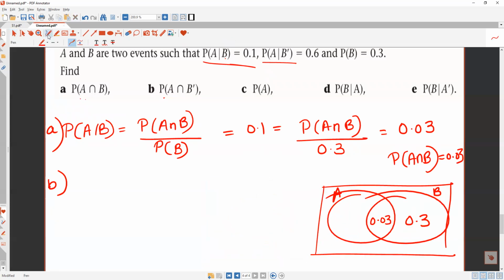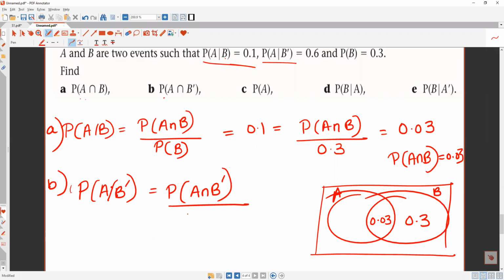So let's see what was given to me over here. P(A given B complement) is equal to P(A intersection B complement) divided by P(B complement), because they want A intersection B complement from me na. ঠিক আছে?